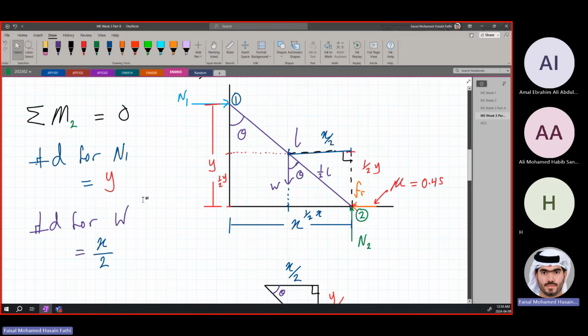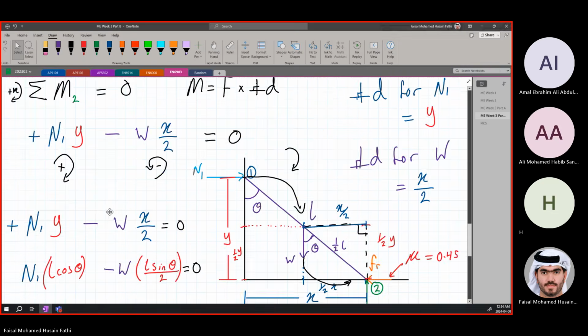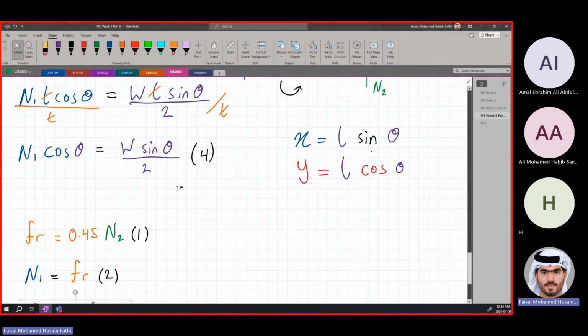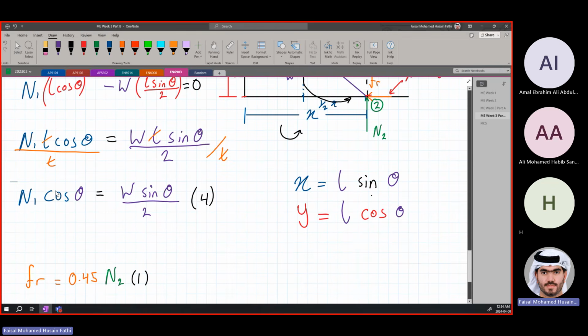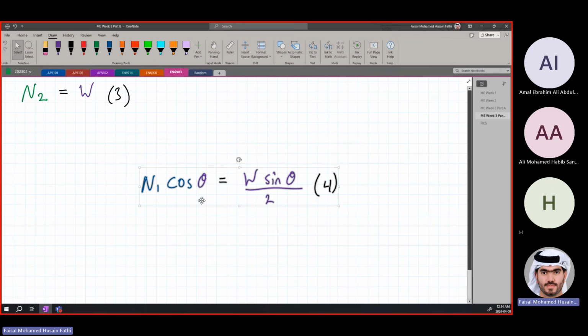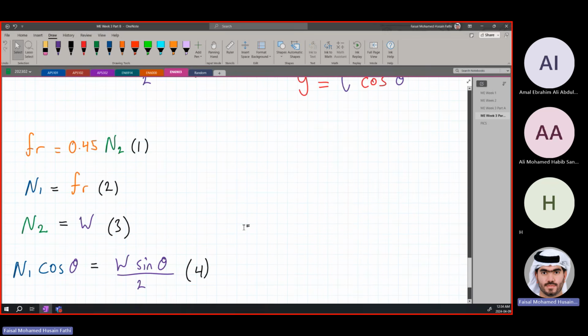Let's bring down equation 3, which was this, N2 is equal to W. And let's bring down the last equation that we have done, which is equation 4: N1 cosine theta is equal to W sine theta.